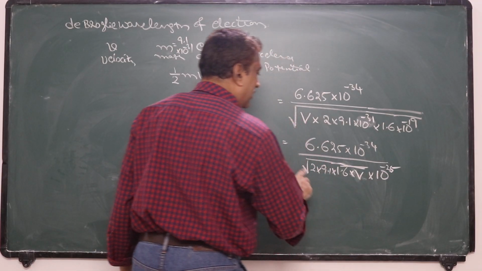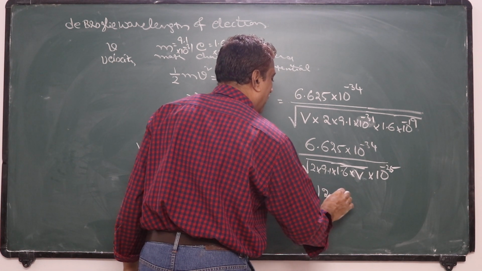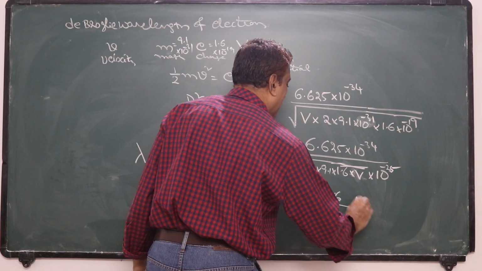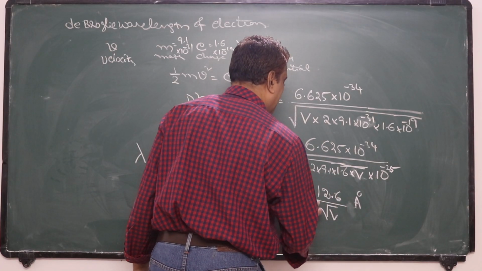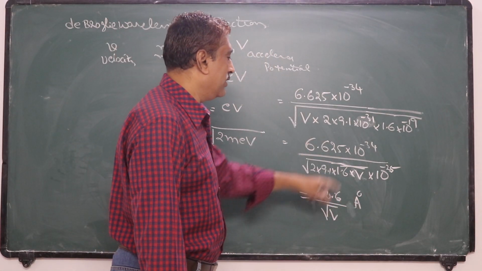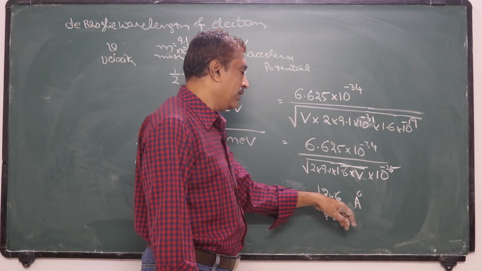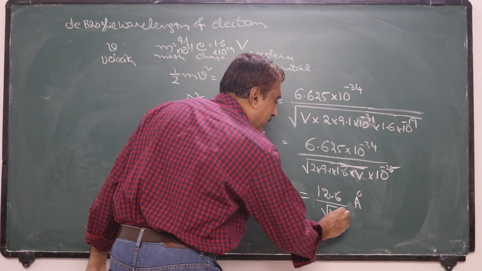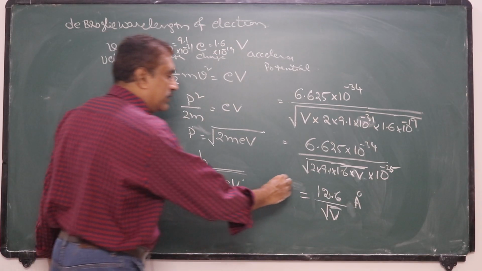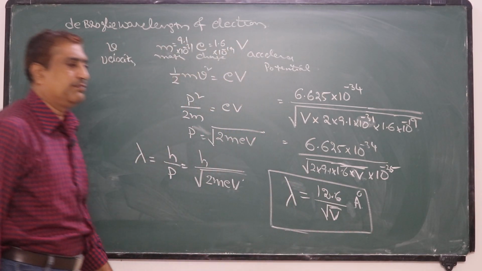And calculating this total value, we will get 12.6 divided by square root of V Angstrom. So this is the general expression for the de Broglie wavelength of an electron.